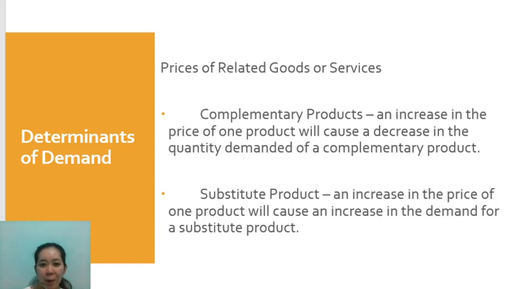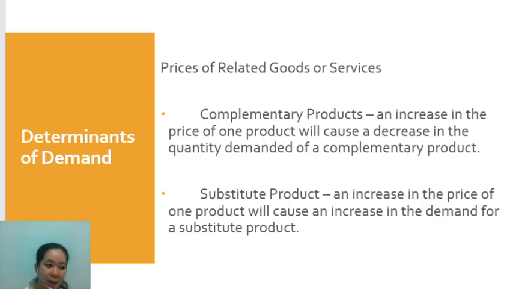Let's go back to the statement: an increase in the price of one product will cause a decrease in the quantity demanded for a complementary product. Meaning to say, if the primary product increases in price, its demand will decrease, and the complementary product paired with it will also see its demand decrease.